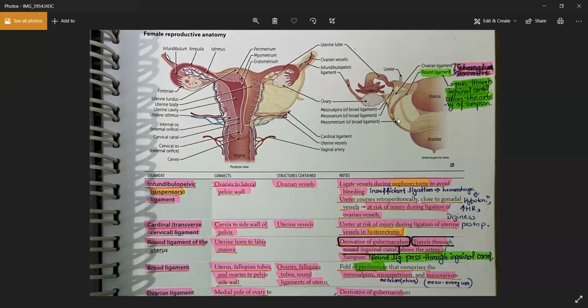If you imagine in 3D, this structure is coming out of the page, connecting the uterus with the labia majora, and it needs to pass through the inguinal ring. So this is the only structure that passes through the inguinal canal, and please note it is a derivative of the gubernaculum.